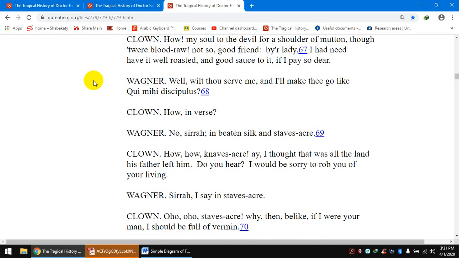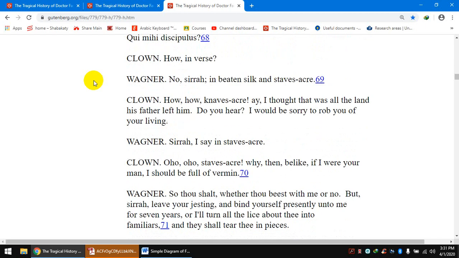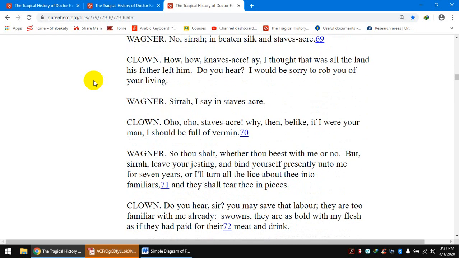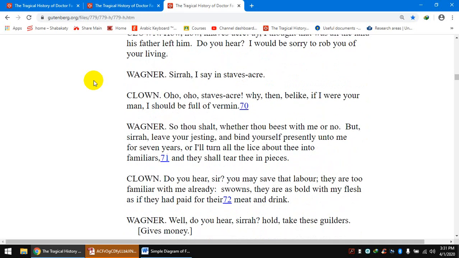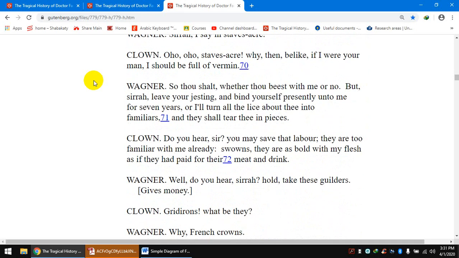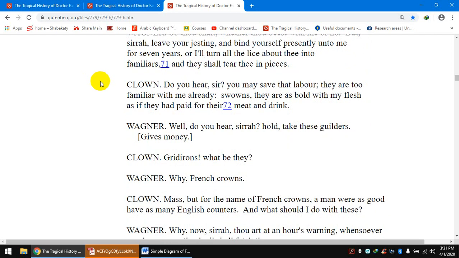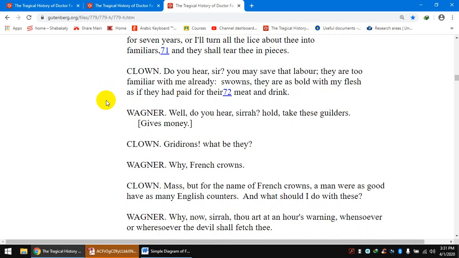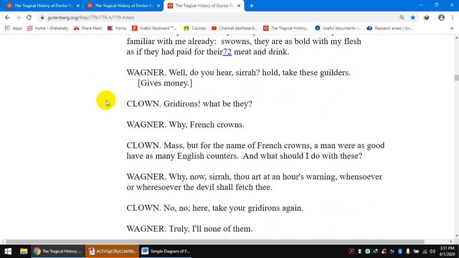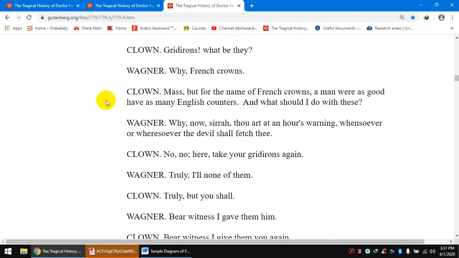Okay. And here Wagner tries to befool the clown. So there is nothing of importance in this scene. And this scene represents a kind of copying of scene number 3 of Faustus and the devil.